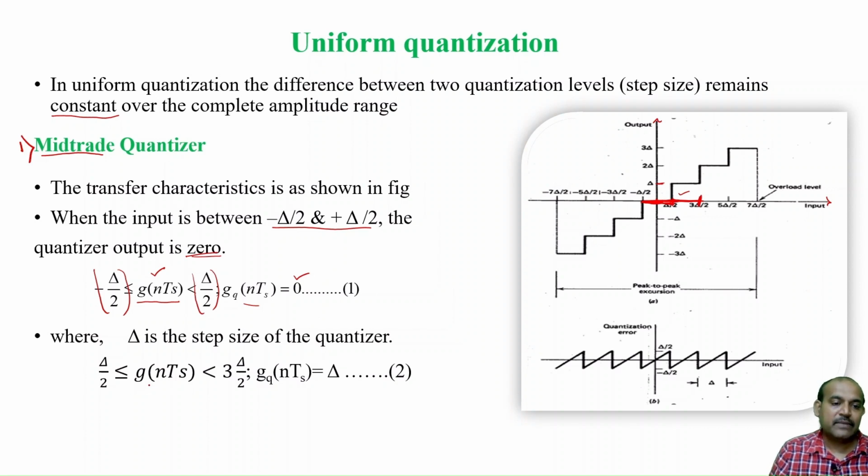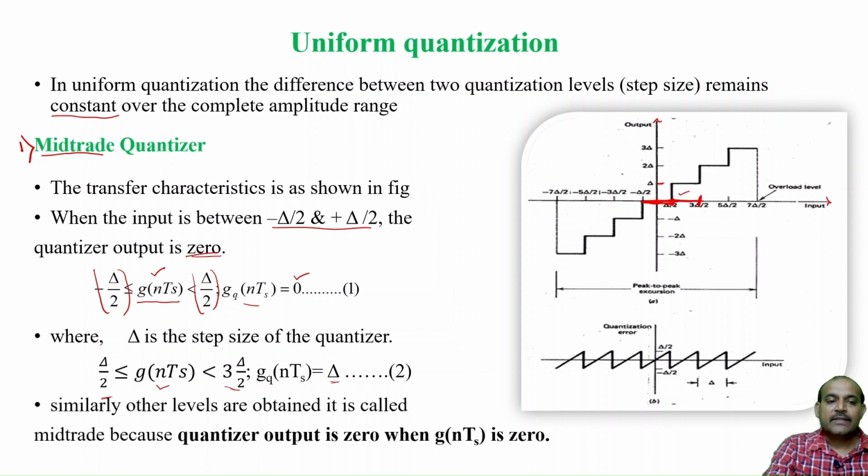Mathematically, the same thing can be expressed: when the input is between delta by 2 and 3 delta by 2, the output is delta. Similarly, you can obtain the other levels. When the input is between minus 3 delta by 2 and minus delta by 2, as shown here, the output is minus delta. Like this, you can write all the ranges.